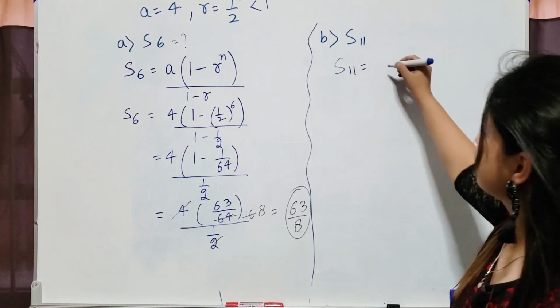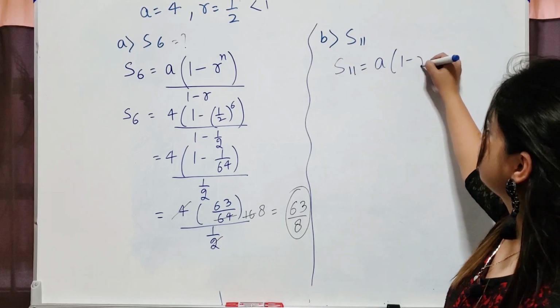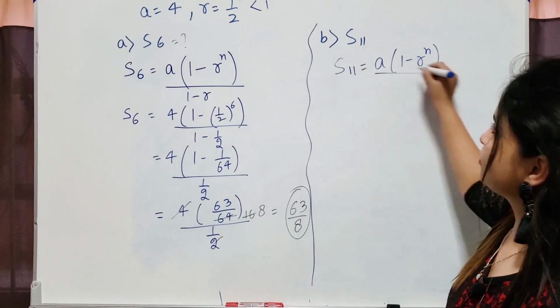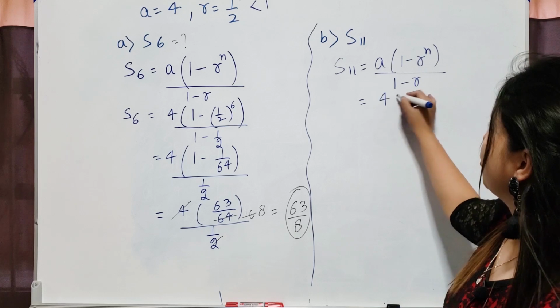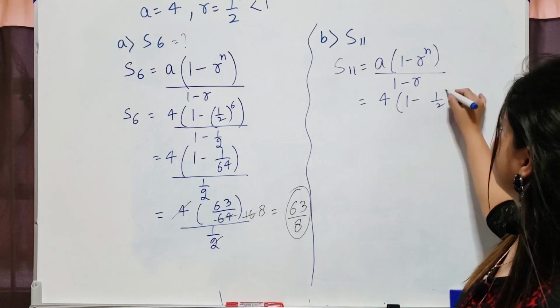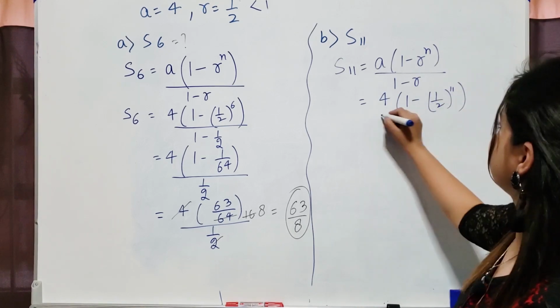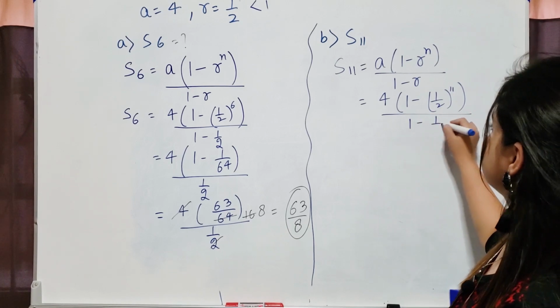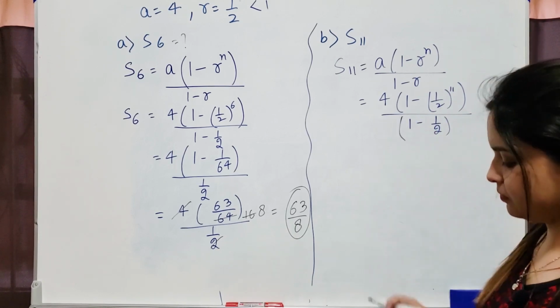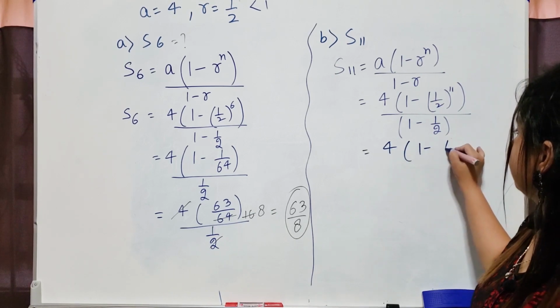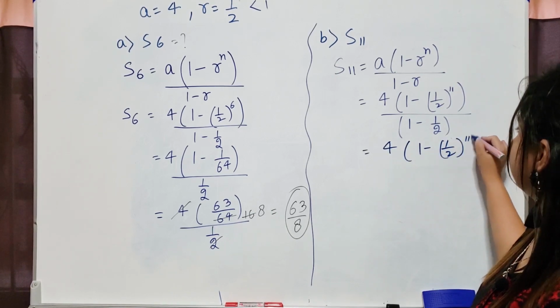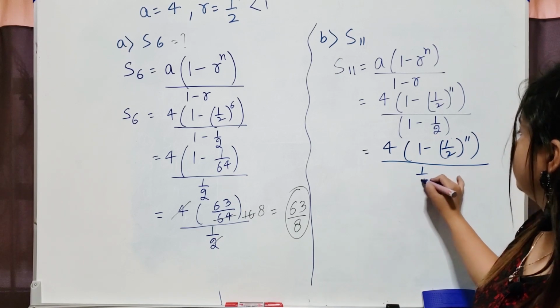S11, same formula I will use because my R is less than 1. 4, 1 minus 1 over 2 raised to power 11, divided by 1 minus 1 over 2.